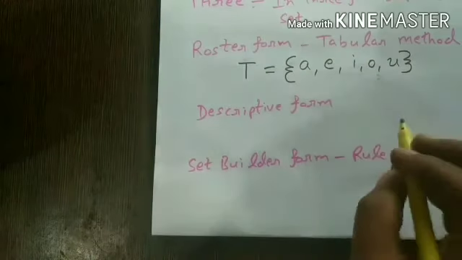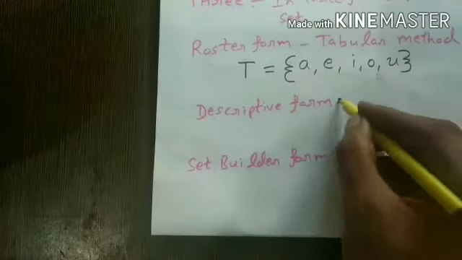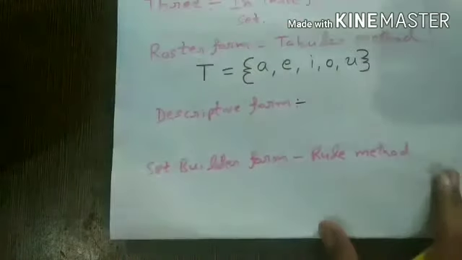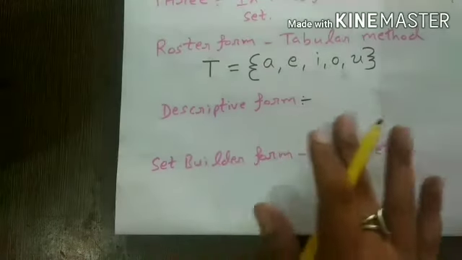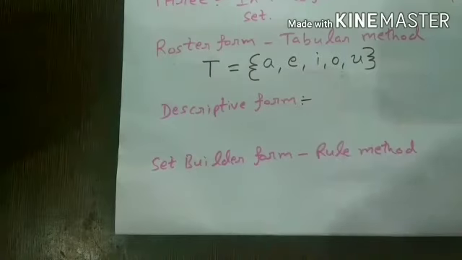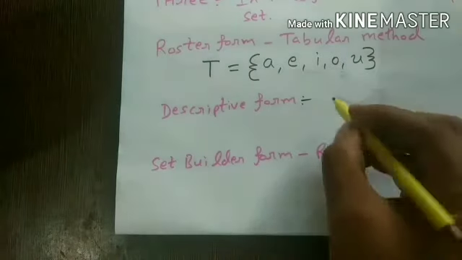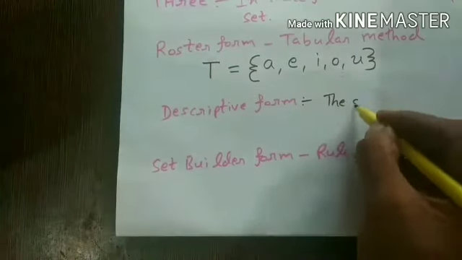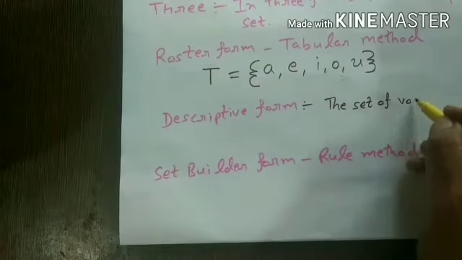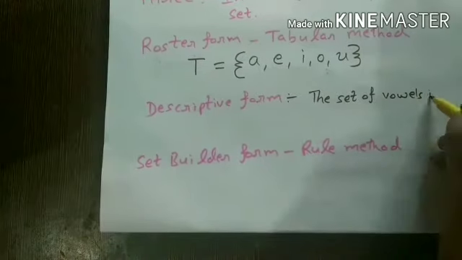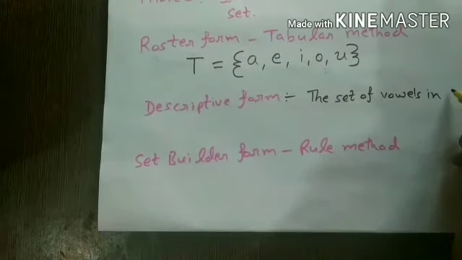To write in descriptive form, I will write a sentence that represents the quality, property or characteristic of each member of the set. So if I have to write the descriptive form of the English vowels, how will I write that? The set of vowels in the English alphabet.